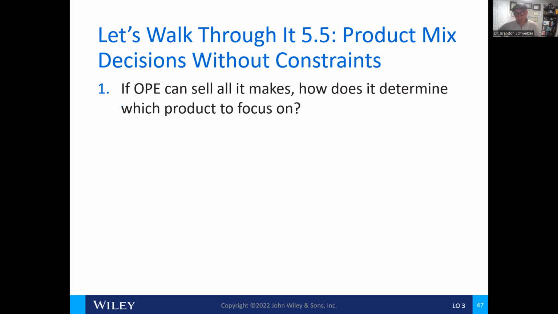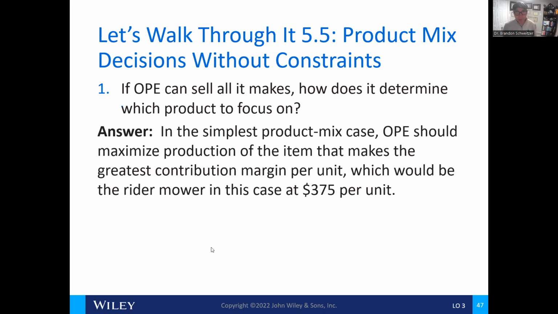And how do we determine which product to focus on? The answer, of course, is simply looking at the production mix. If we have such a production mix, we focus on making more of the product with the largest contribution margin per unit. In this case, it would be the riding lawnmower, $375 per unit.